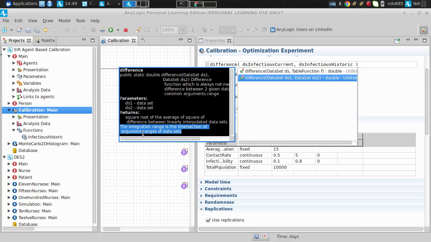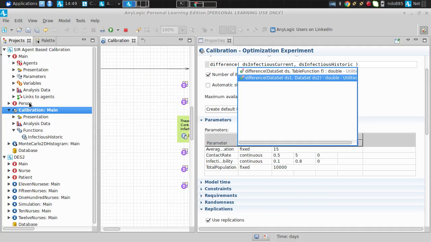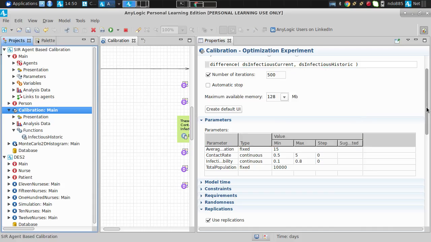So, ladies and gentlemen, this is going to be the difference between model output and empirical data for one set of data, and you're going to do a very similar thing for the other data. This is a built-in function difference. You just have to pack up your data in these data sets, and that's exactly what's going on in this little code that we looked at here.